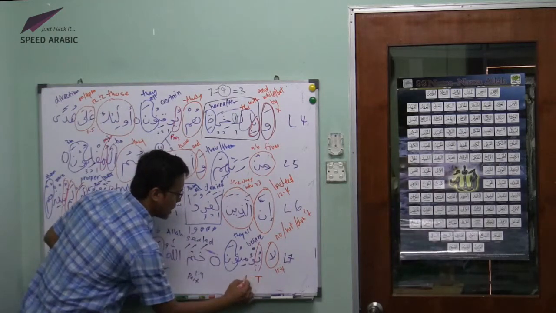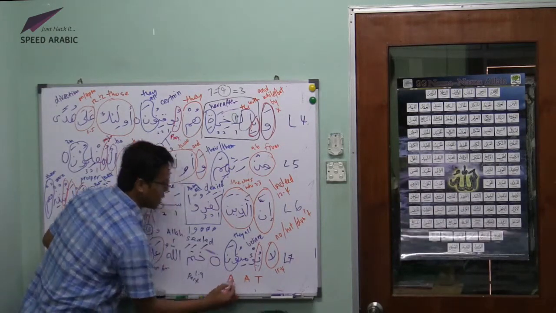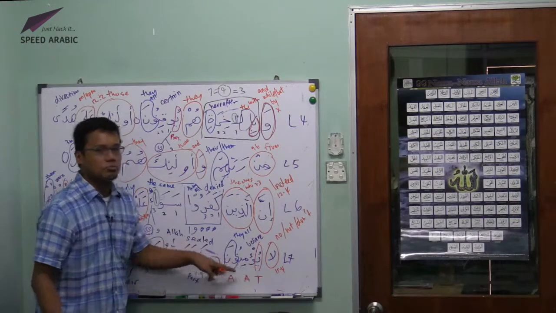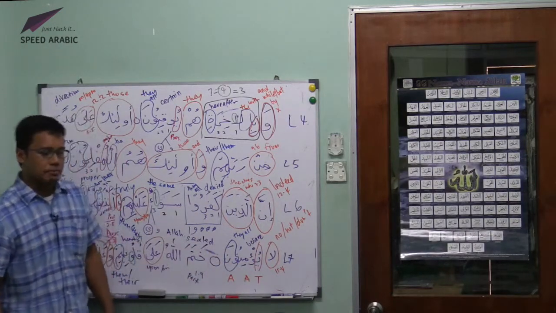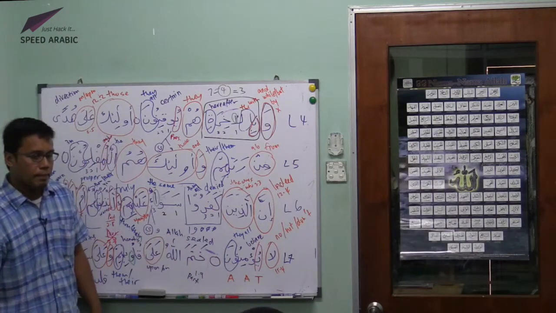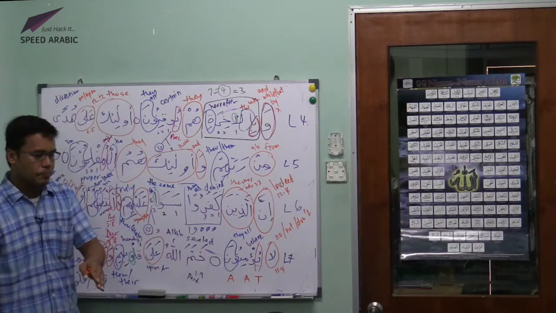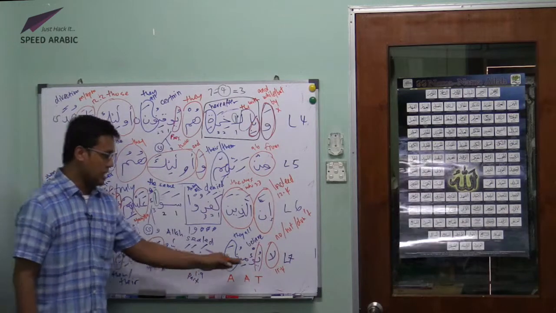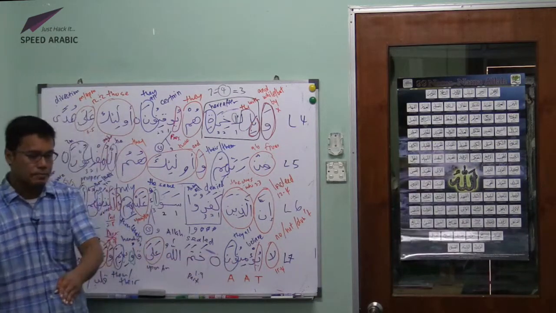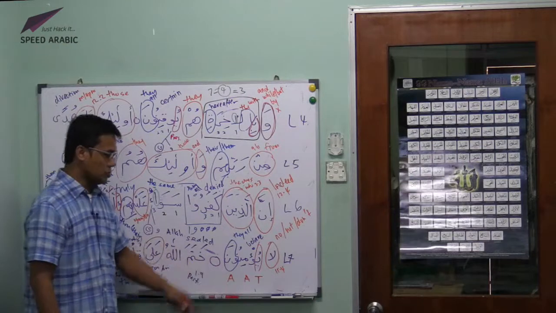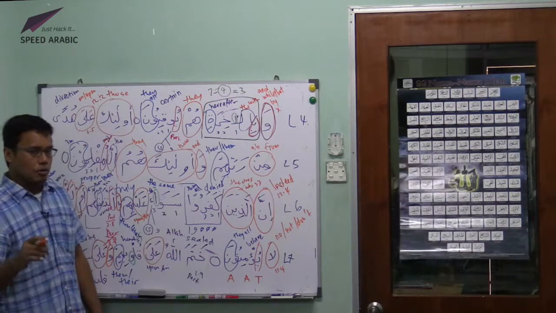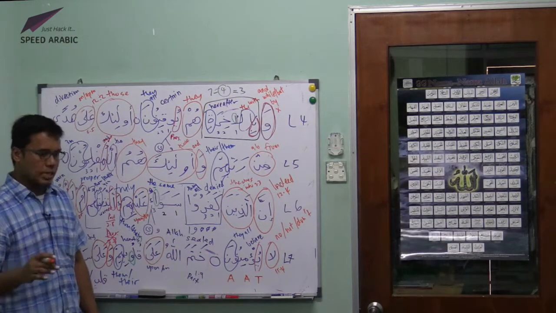Time, action, actor. Okay. In yu'minun, where is the time? The yu, because it shows present. Where is the action? Belief, amanah. Where is the actor? Wawnun.